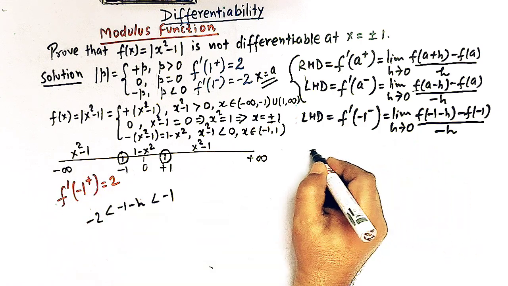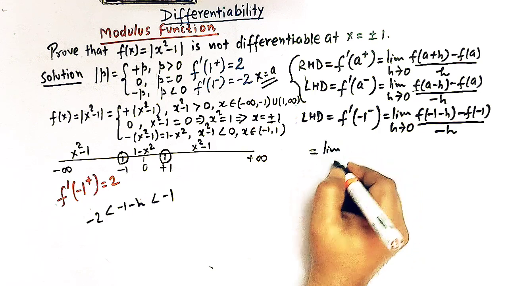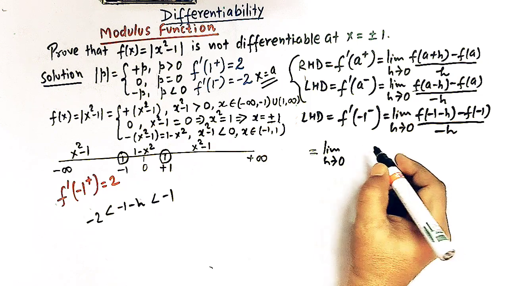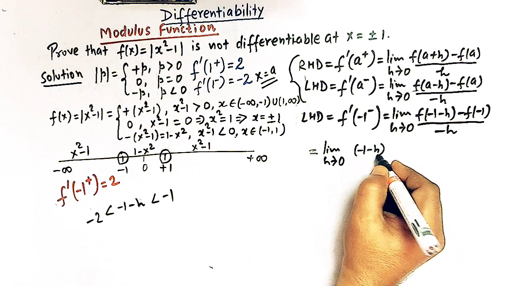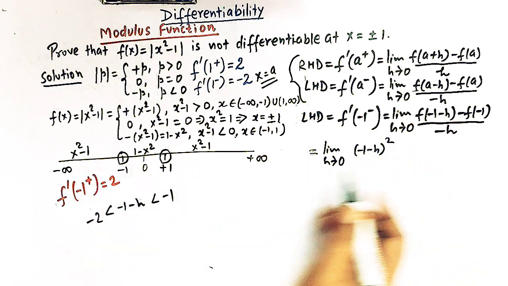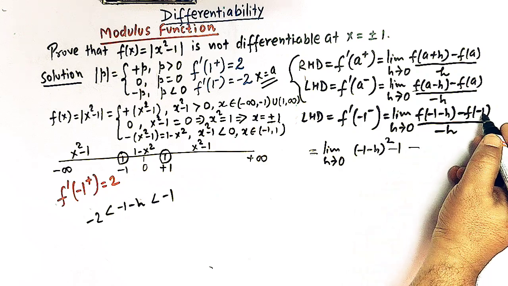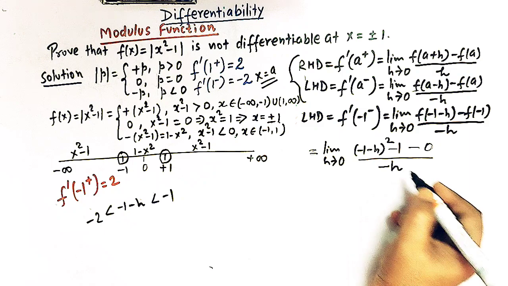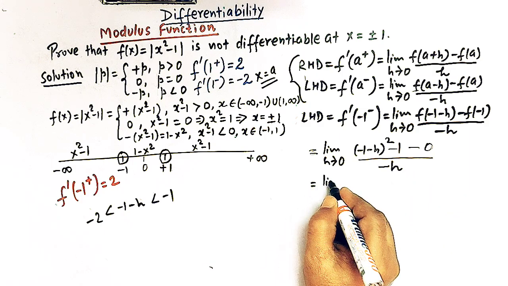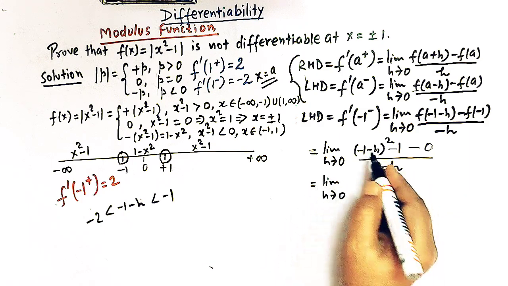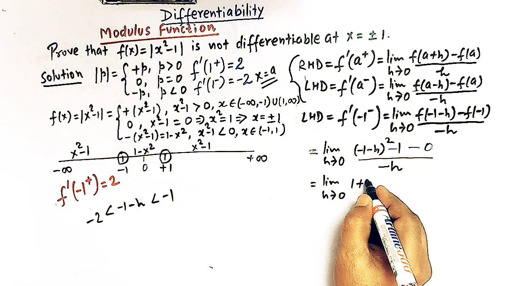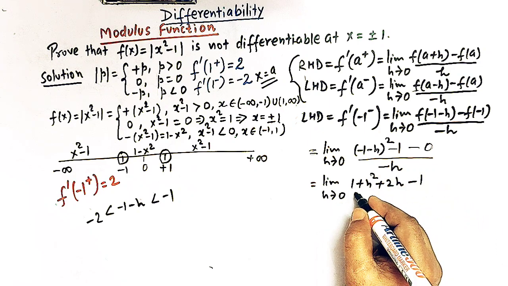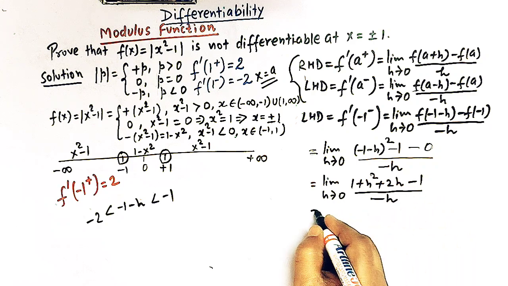So here we'll substitute x is equal to minus 1 minus h. So now we have limit h tends to 0, and f of minus 1 minus h is given by (minus 1 minus h) square minus 1, and f of minus 1 is 0, divided by minus h, right? So let us simplify, and here we have simply 1 plus h square plus 2h, minus 1, divided by minus h.